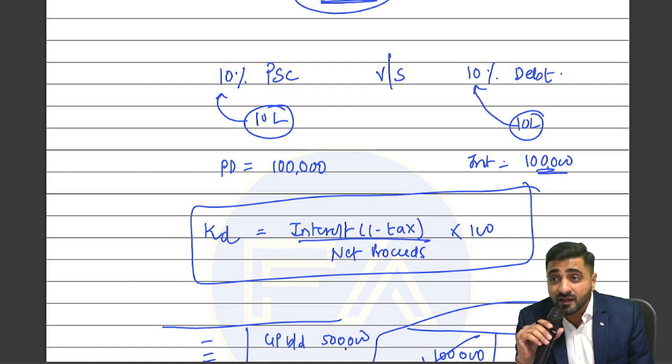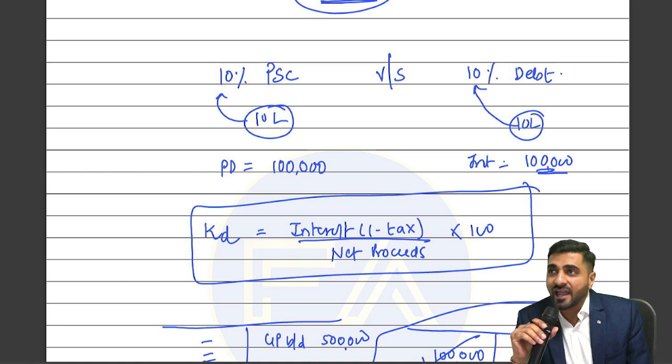Suppose I have already issued some old debentures at 100, and the market price of those debentures becomes 110 rupees. If I want to issue debentures now, will I issue at 100 rupees or at 110? 110. Why? Because already the debentures are traded in the market at 110.